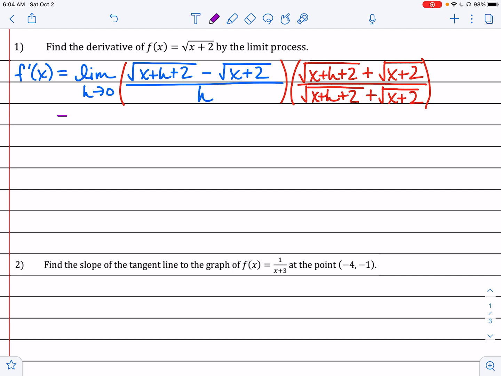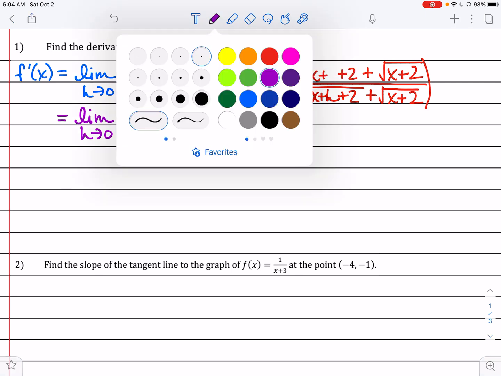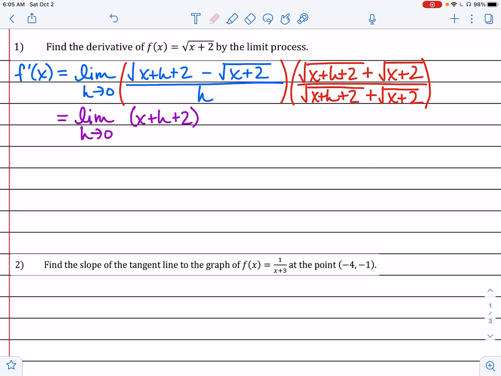Okay, so now we're going to actually multiply out. We're going to say the limit as h approaches 0. This is when we multiply this by this. So you get the square root, x plus h plus 2. And then you're going to multiply outside, which would get you the square root of x plus 2 times the square root of x plus h plus 2.